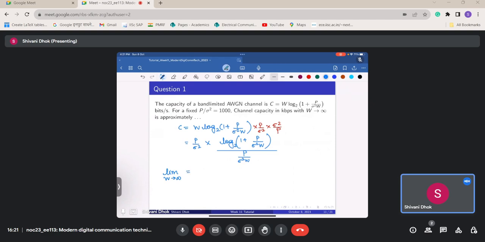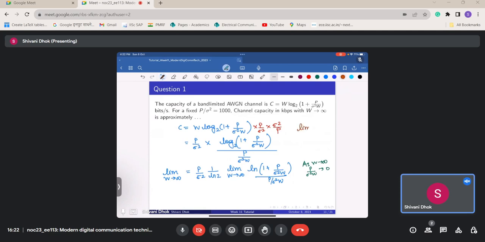Okay, so now I can write this as P by sigma square, 1 upon natural log of 2, into the limit as W tends to infinity of natural log of 1 plus P by sigma square W upon P by sigma square W. Now as W tends to infinity, P by sigma square W tends to 0, and there is a property of limits.